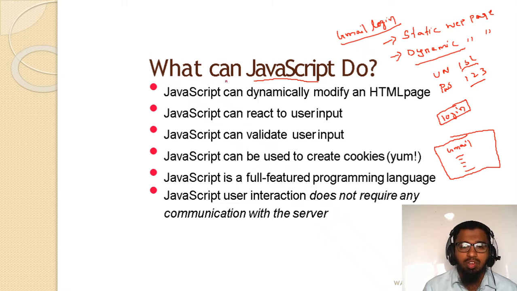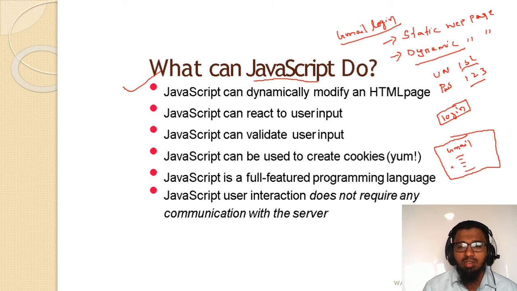Okay, so the first point is that JavaScript can dynamically modify any HTML page. Next, JavaScript can react to user input. When you click on compose in Gmail, it reacts to what you want to do as per your input.